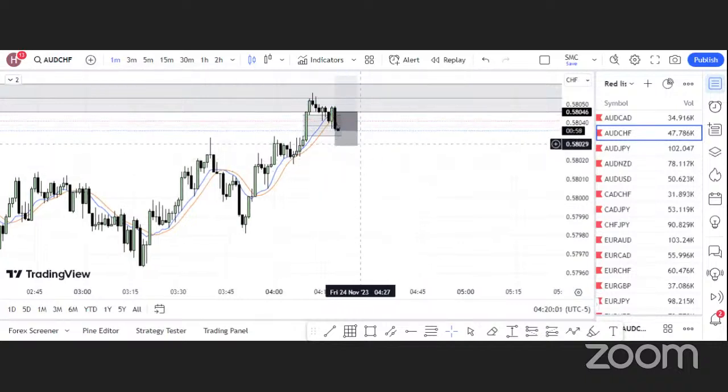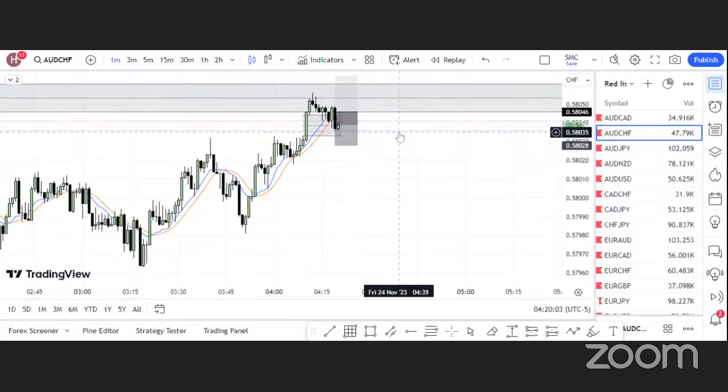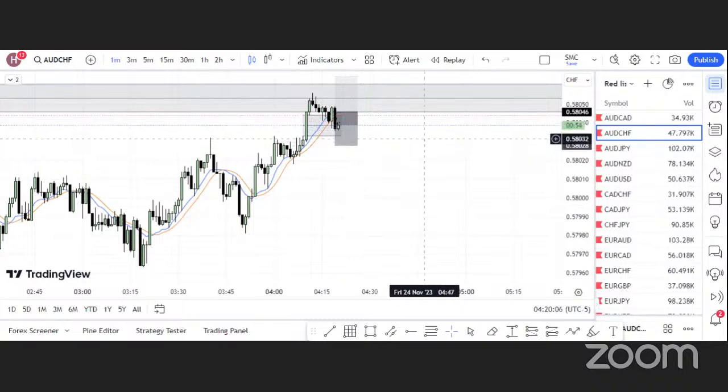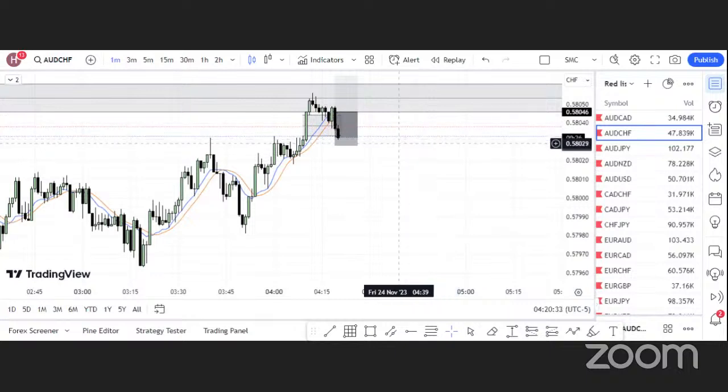Okay, so if it comes below here, then we close the trade. So right now we are buying.